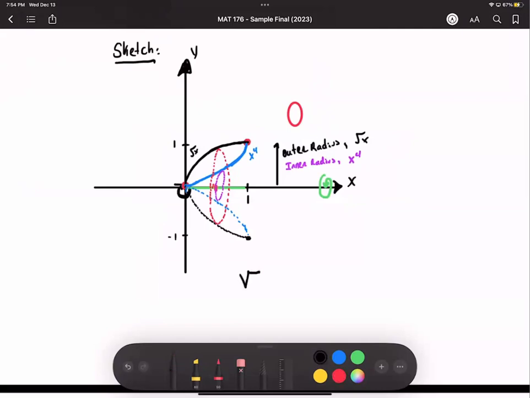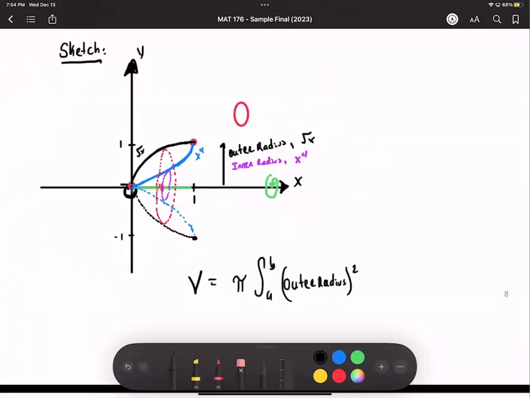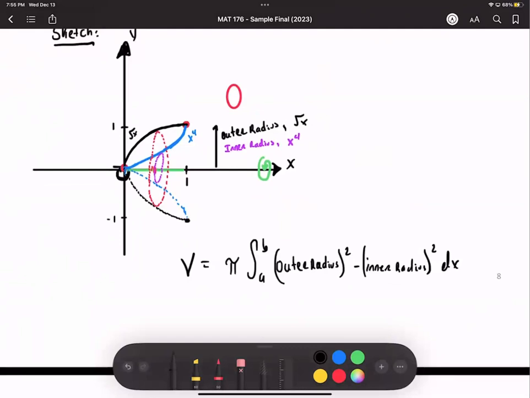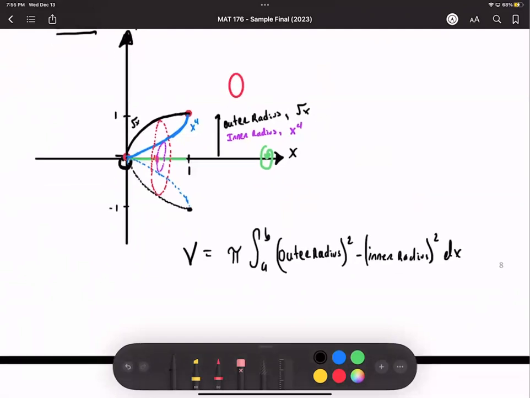So we get volume V equals pi times the integral from a to b of the outer radius squared minus the inner radius squared dx. The outer radius is square root of x. The inner radius is x to the fourth.